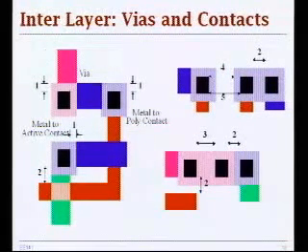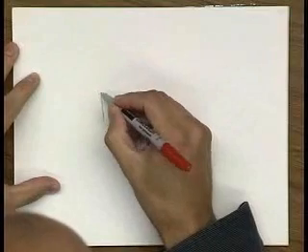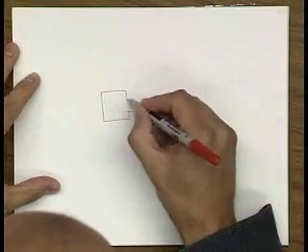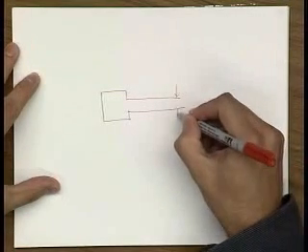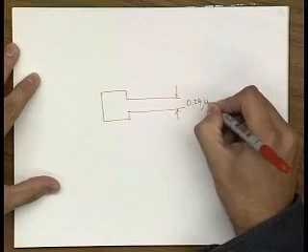So basically, to create a contact, let's go over here to the overhead. So let's say I have a poly, and this is my minimum width of 0.24 micron.